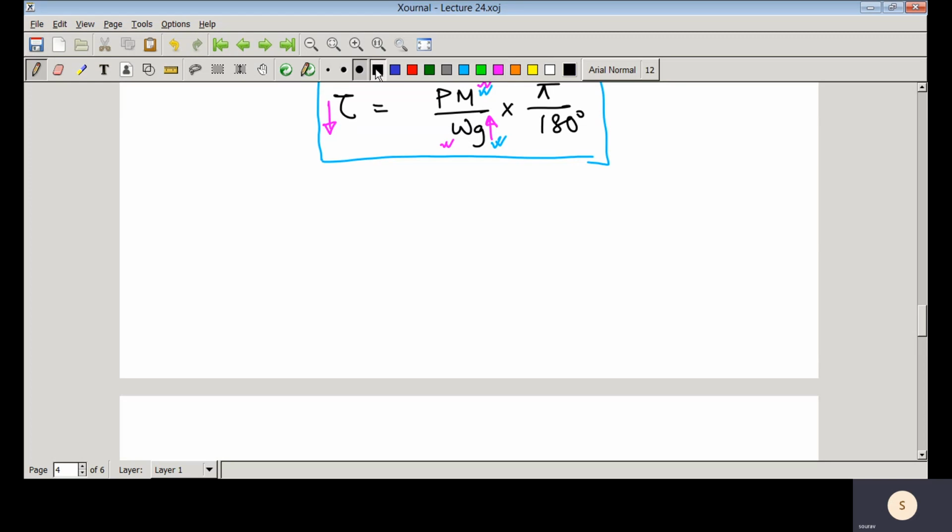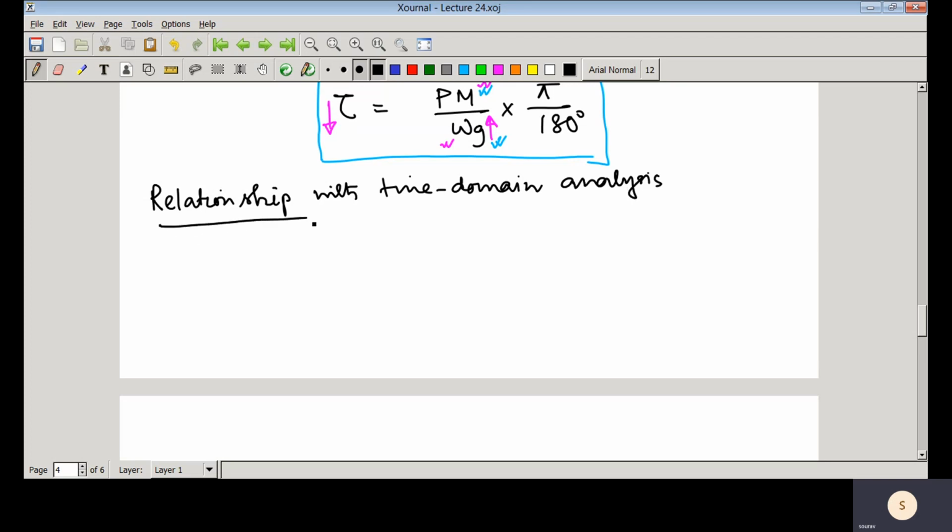So let us give the heading: relationship with time domain analysis. That means what is the relationship between the time domain and the frequency domain, and here the frequency domain we are doing for the closed loop transfer function.